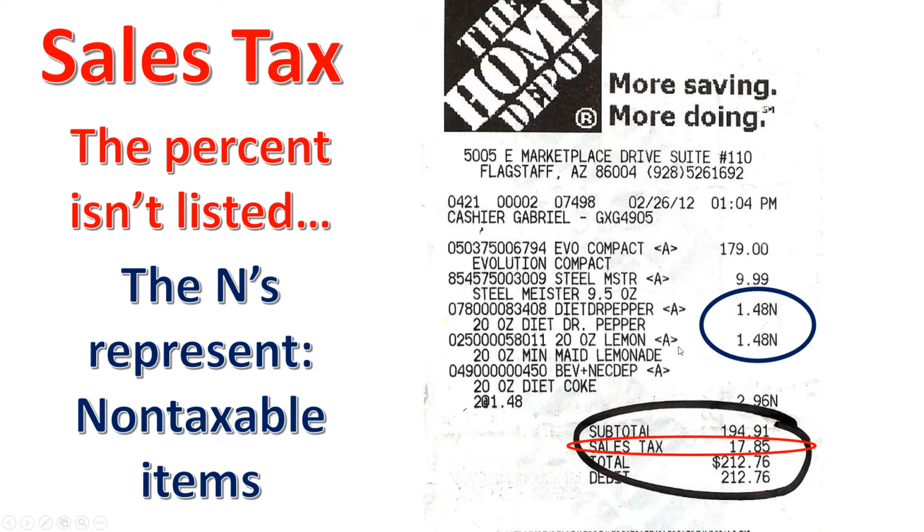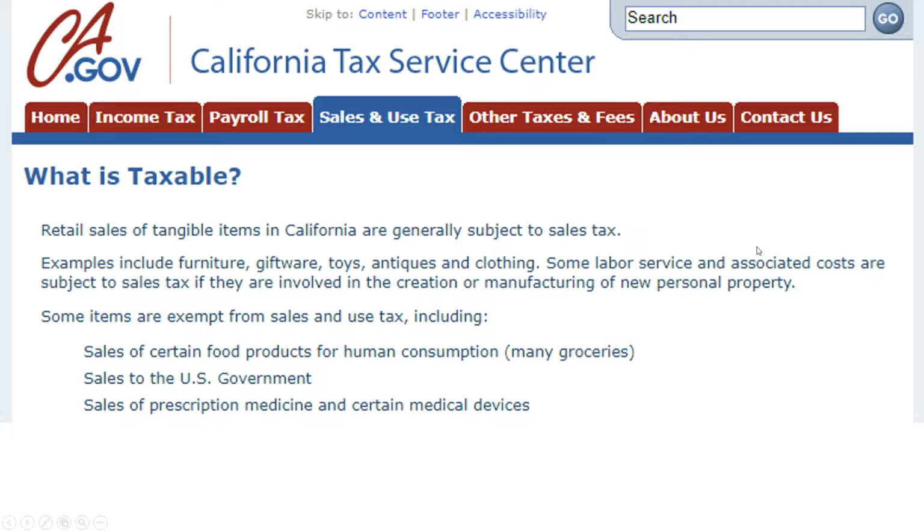So soda and beverages like this Minute Maid lemonade are not taxable. In this subtotal, you notice this is also another one for Diet Coke. The subtotal here is not the full amount getting taxed, because these items will not be taxed. So the $17.85 only applies to these other two items from Home Depot.